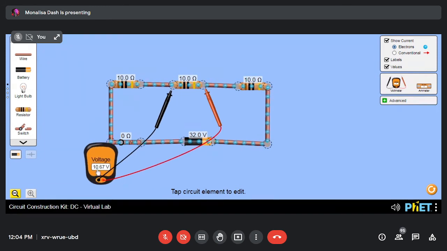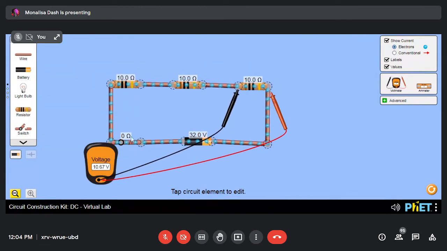Also 10.67, because same resistance is there. You can take different resistance values, no problem, 10, 20, 30, any value. It is not mandatory to take the same value. So all are 10.67. Then add it and tell me how much it is. 10.67 into 3, approx 32, ma'am. Okay.